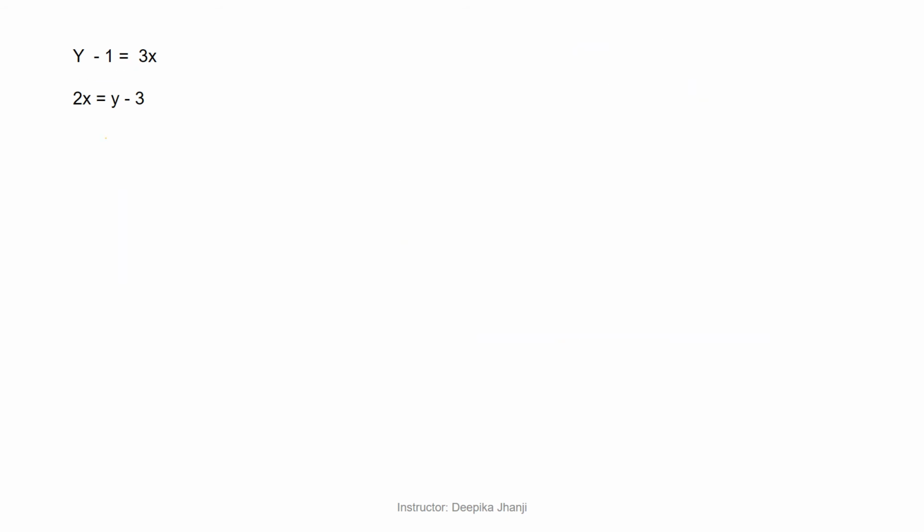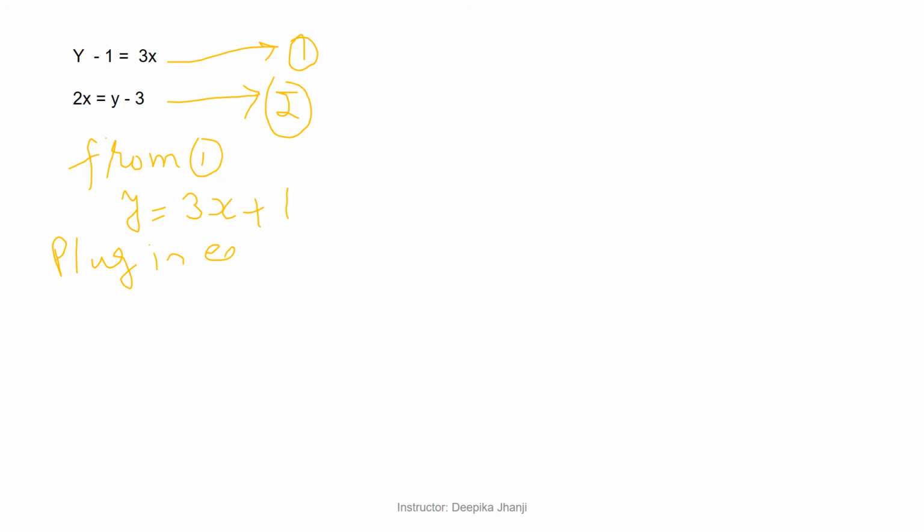Okay, so this is equation 1. This is equation 2. From 1, y is equal to 3x plus 1, right? Plug in equation 2. Now 2x equals the value of y, which is 3x plus 1, minus 3, right?